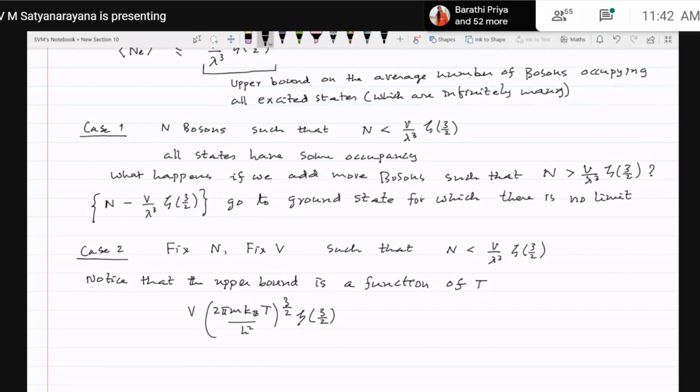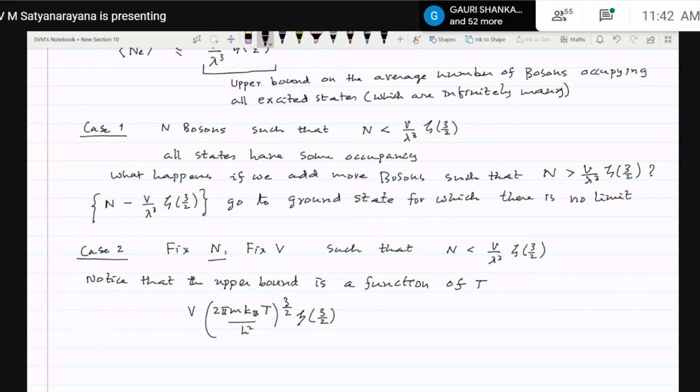So the temperature dependence comes from here. For a given number of particles, the number is less than that upper bound, but I can make this upper bound smaller by reducing the temperature.